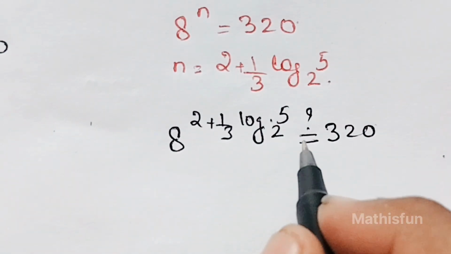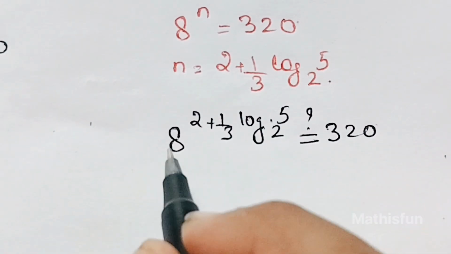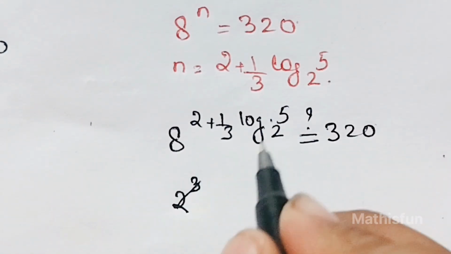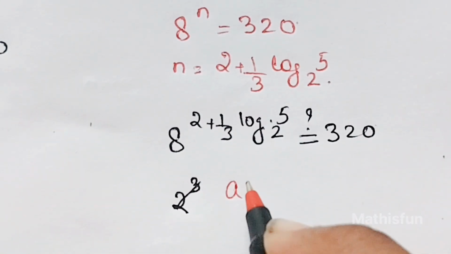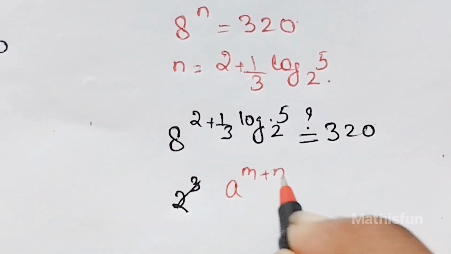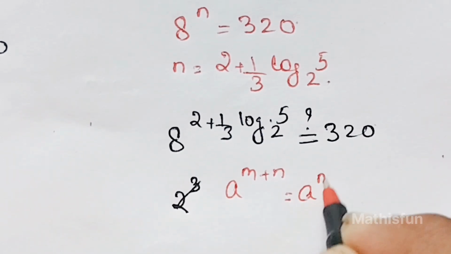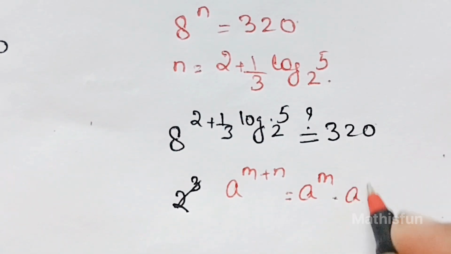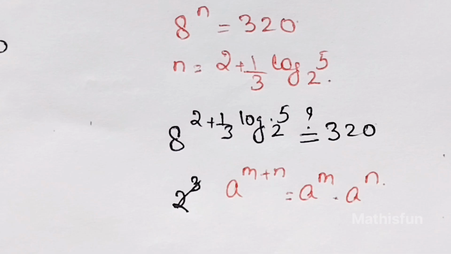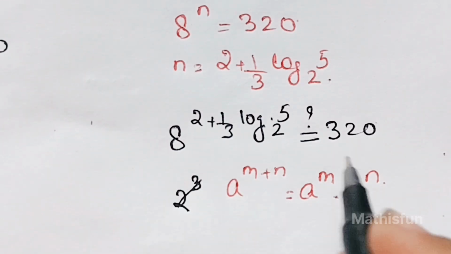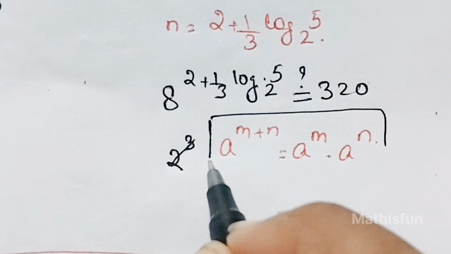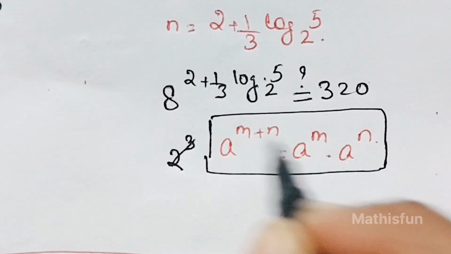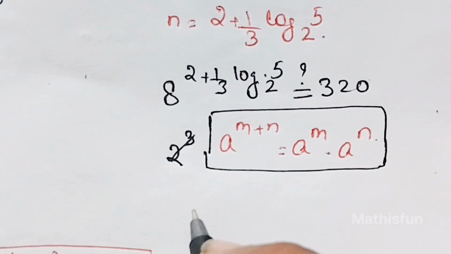We have to check whether it's equal or not. So this is in the form of a to the power m plus n, which is a to the power m into a to the power n. Now we'll apply this rule to solve further.